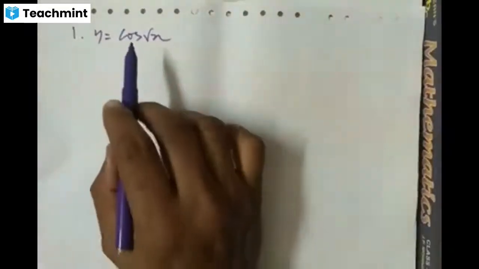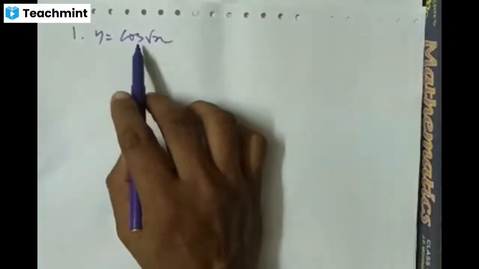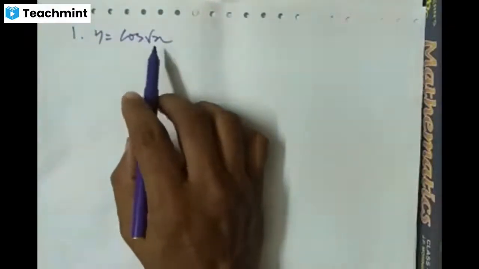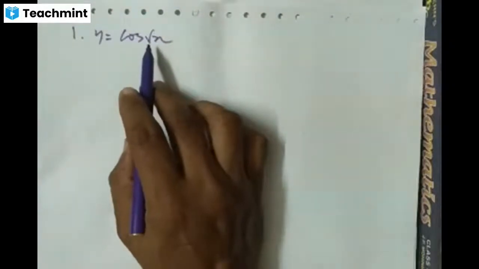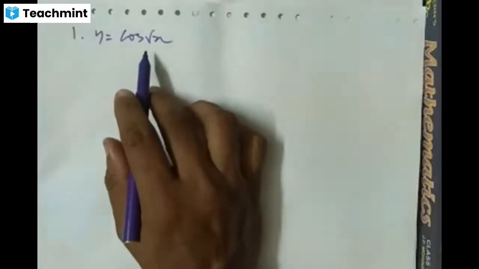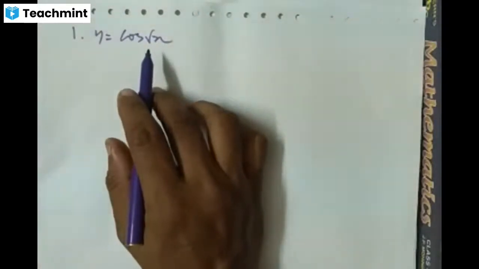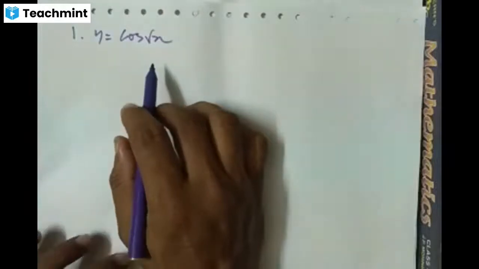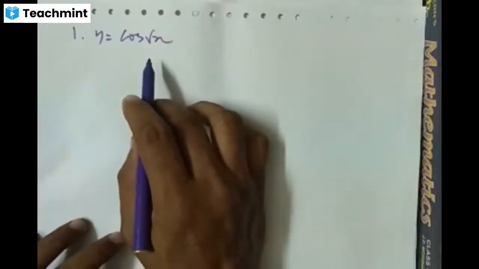Clearly, this is a function of function. Here, the function is the composition of root x and the cos function, right? So this is a composite function. To find dy by dx, we have to use chain rule.